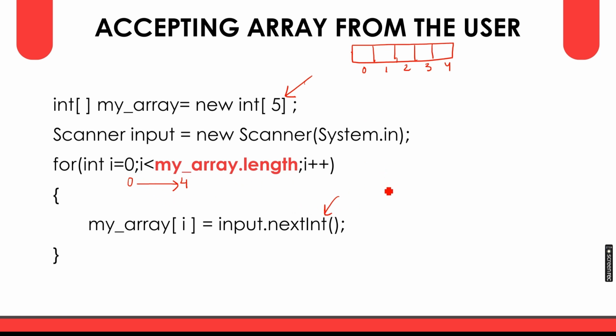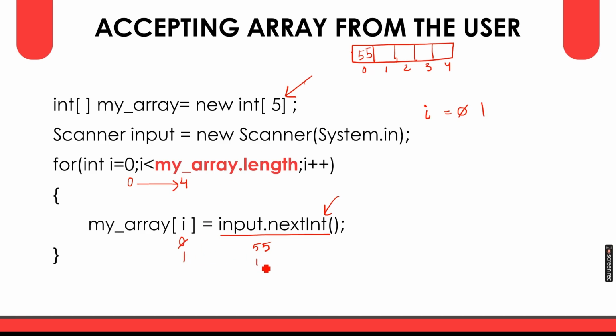So I is 0 first. Suppose the user gives 55 as the first value, and then presses the enter key. So the 0th index will store 55. I will become 1 after 0.